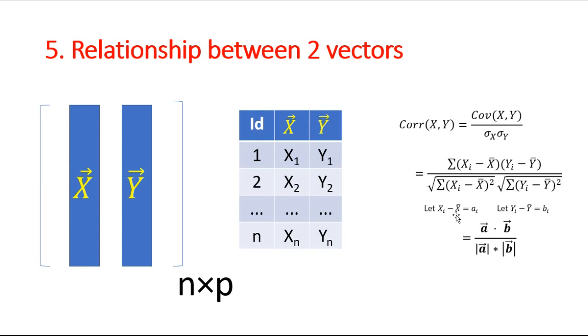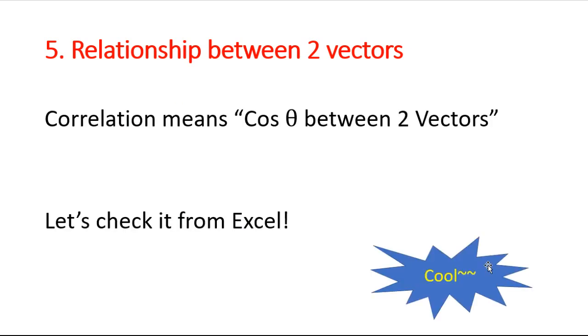Replace xi minus x bar with ai and yi minus y bar with bi. Then correlation between x and y can be written in this form. So it's exactly the same as cosine theta. So correlation means cosine theta between two vectors. Let's check it in Excel.